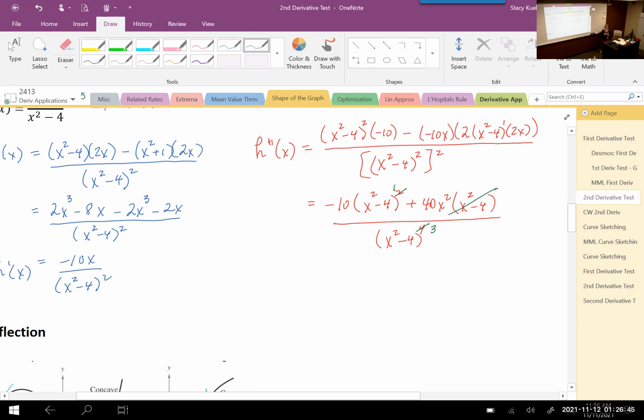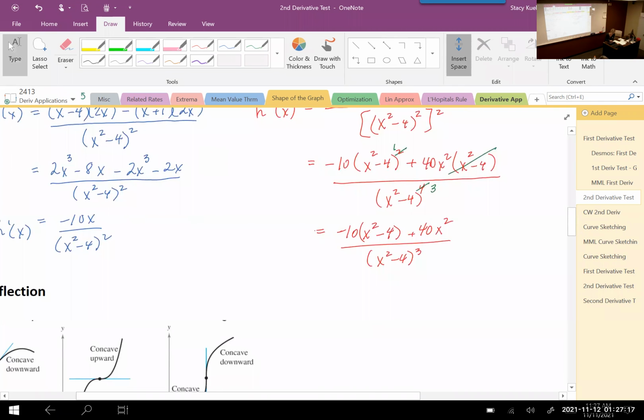Because I took out an x squared minus 4 from each of the terms in the numerator and canceled it with the 1 in the denominator. So this gives me -10 times x squared minus 4 plus 40x squared in the numerator, all over x squared minus 4 to the third in the denominator.